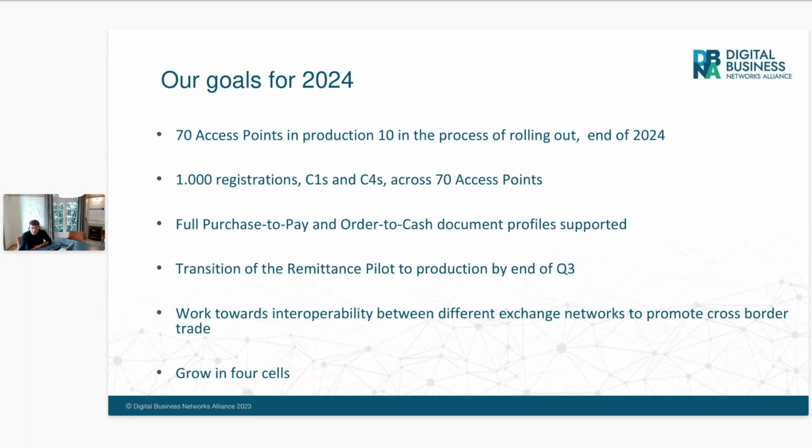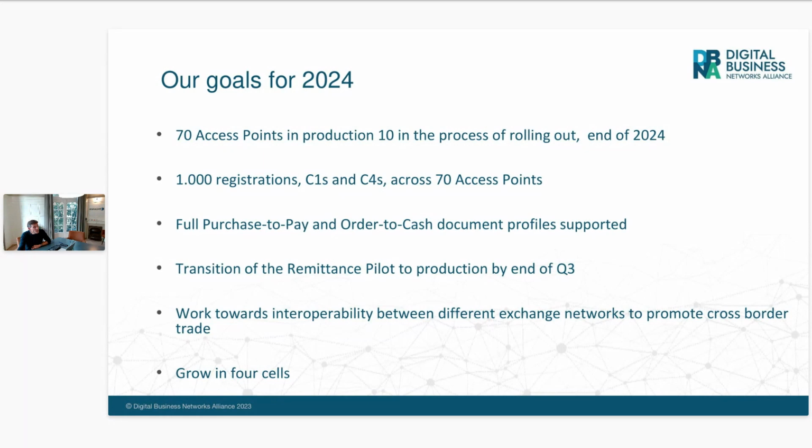And with other networks, I mean, for instance, the PEPPOL network in Europe and Asia, but also, of course, you can connect to smaller networks like tax authority networks, or maybe closed networks like, let's say, Tungsten, Coupa, SAP Ariba. There are many networks that you can become interoperable with. And that's what the network is working towards.